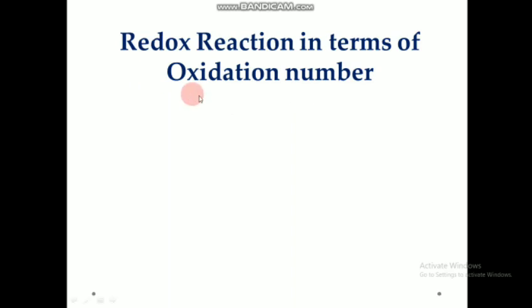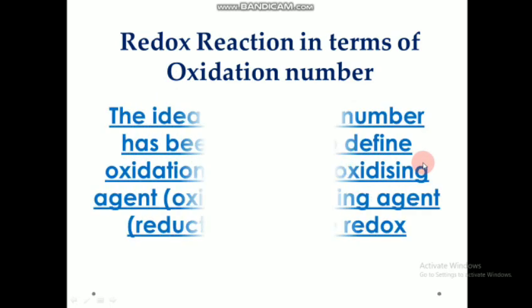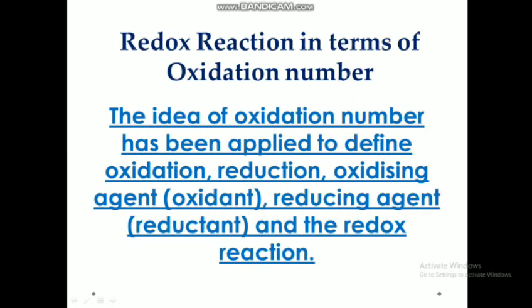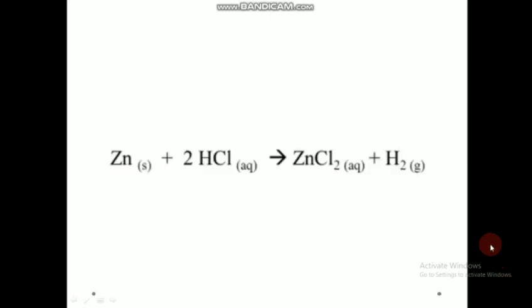It is actually telling that only, but we are just defining it in a different way. So the idea of oxidation number has been applied to define oxidation, reduction, oxidizing agent, reducing agent and the redox reaction. And the oxidizing agent is known as oxidant and reducing agent is known as the reductant.